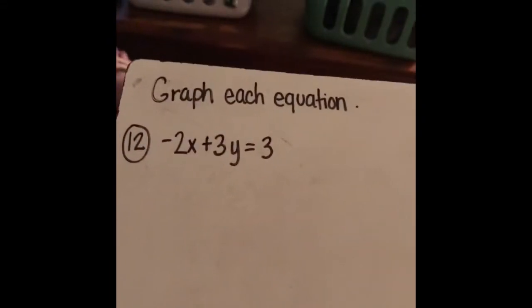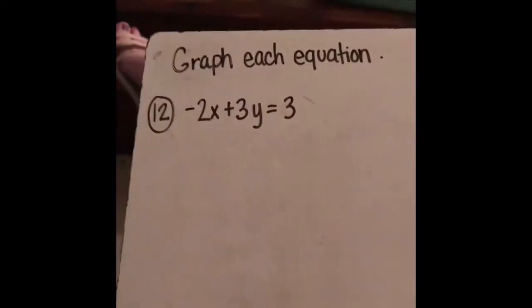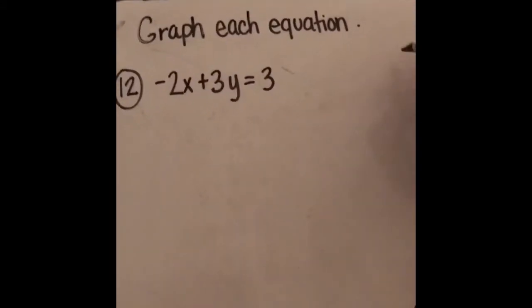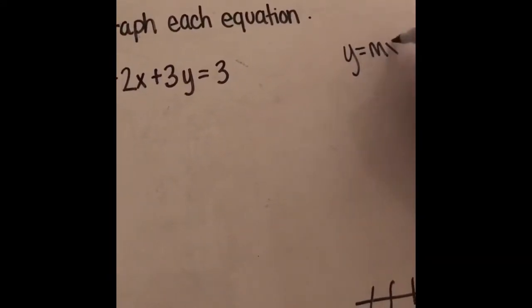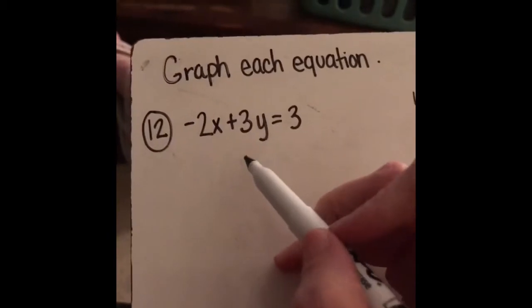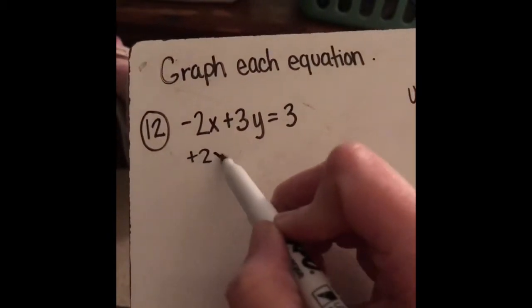Okay, so for number 12, I'm just going to do one at a time because we have to graph. Okay, so here we want to get it into the y equals mx plus b, the slope-intercept. So in order to do that, we need to get y by itself. So we're going to add 2x to both sides.